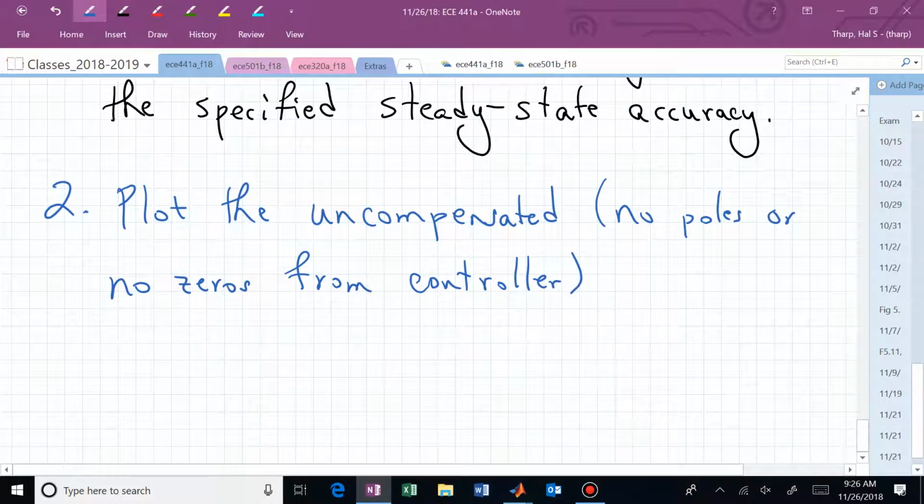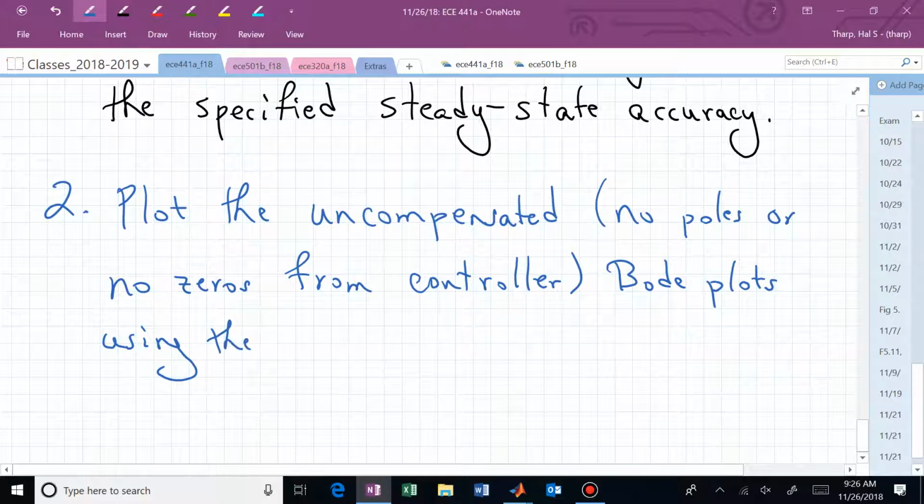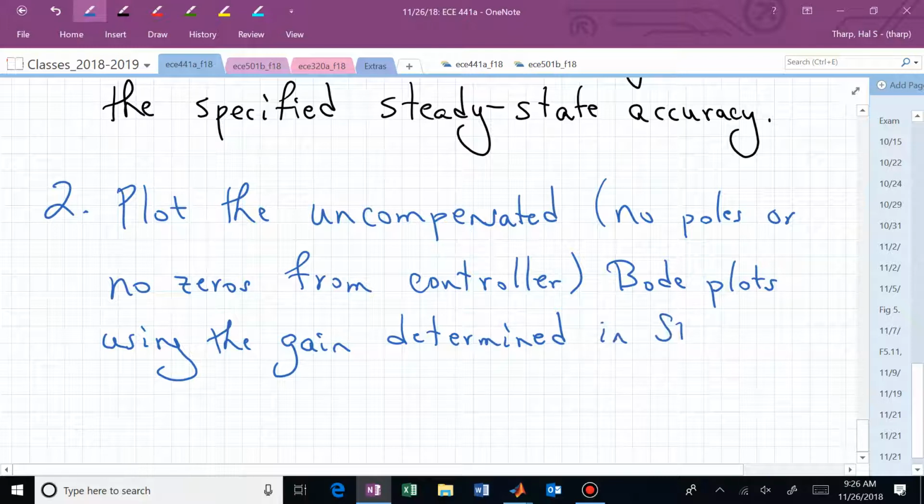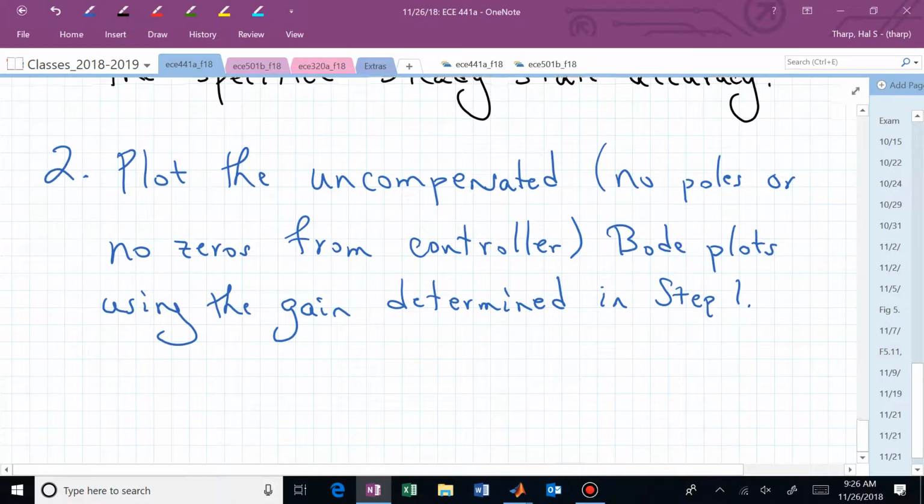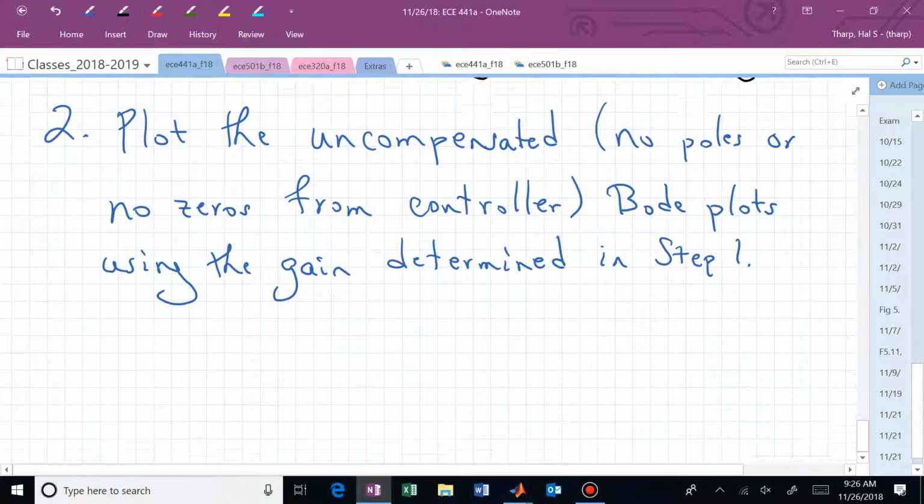That's what I'm referring to as uncompensated Bode plots. And we obviously want to sketch the magnitude using the gain that satisfies our steady state error spec that we determined in step 1. So that you should be able to do. Figure out your steady state error spec, sketch your Bode plot.